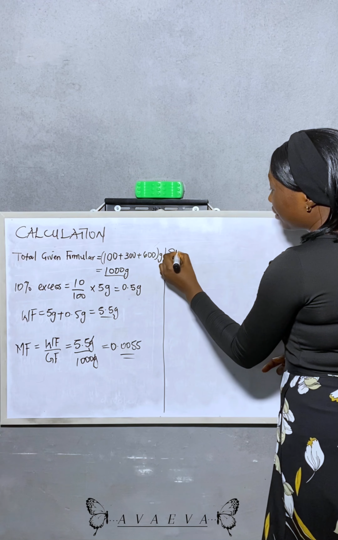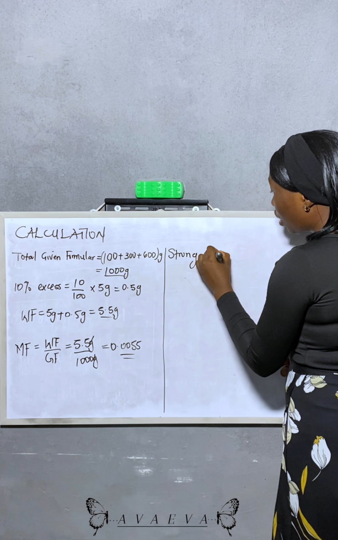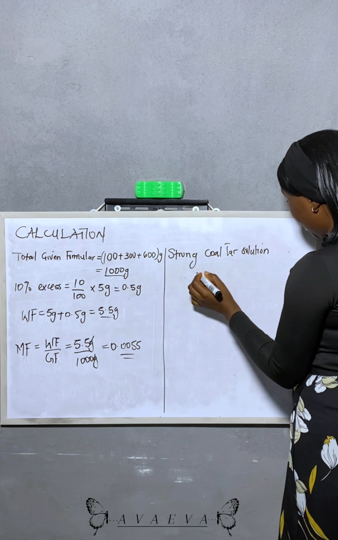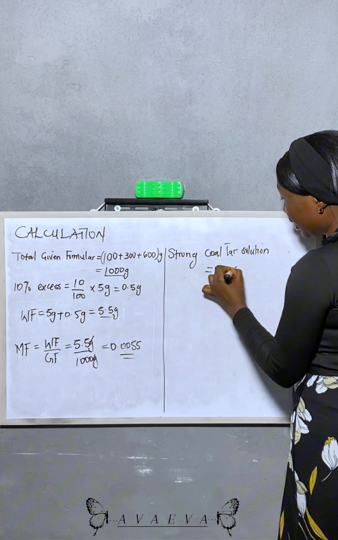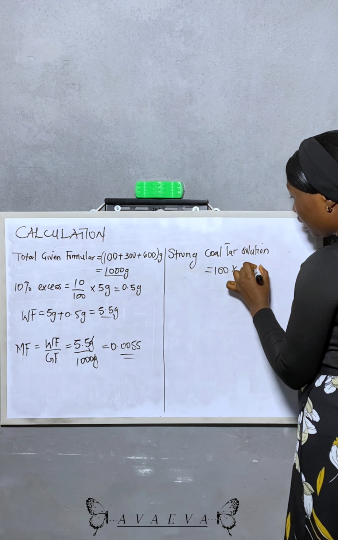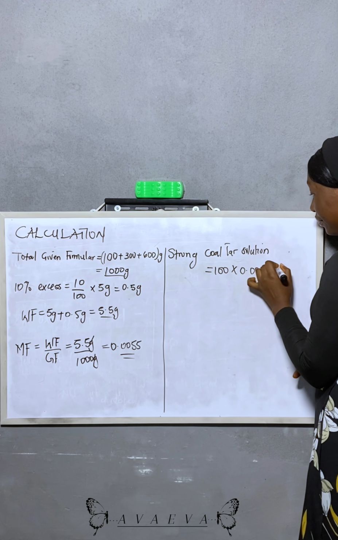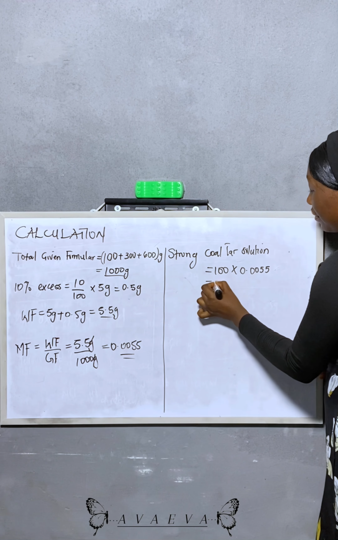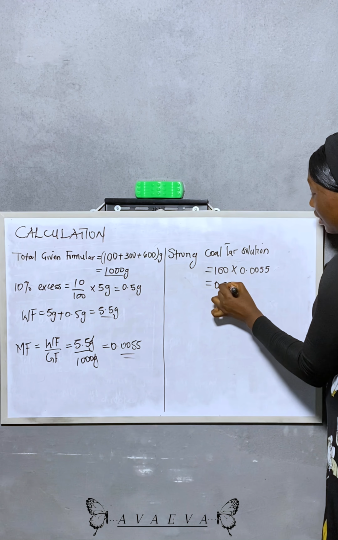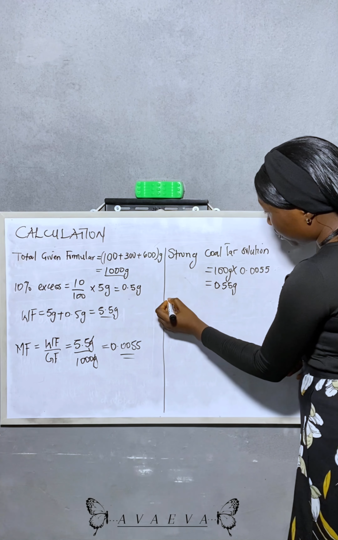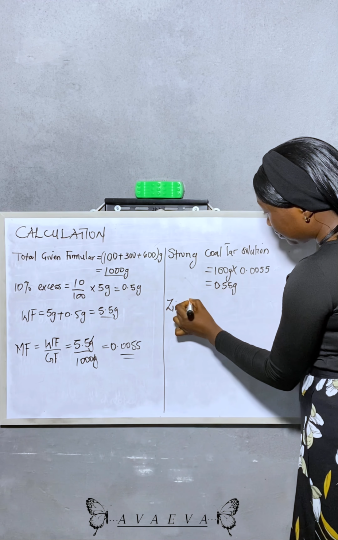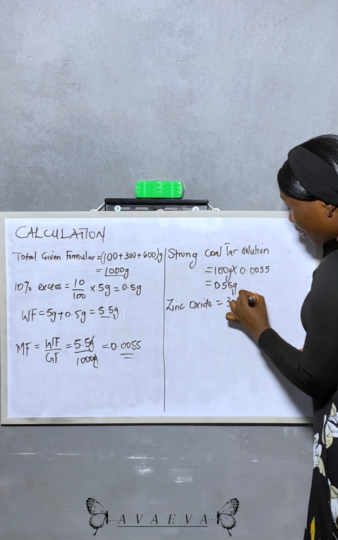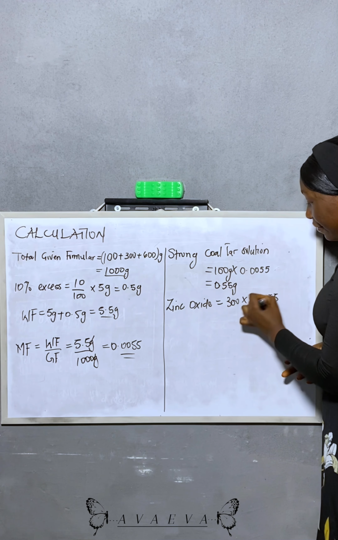So here you have strong coal tar solution is equal to 100 times 0.0055, as we have established before. And doing this, you have 0.55 grams. Secondly, we have zinc oxide, 300 times 0.0055.